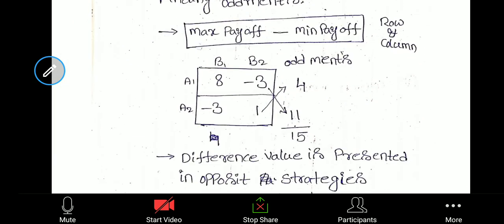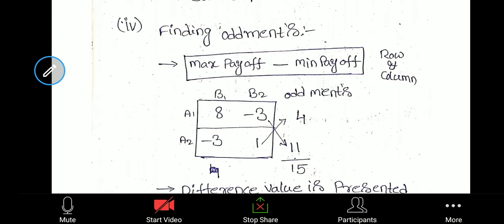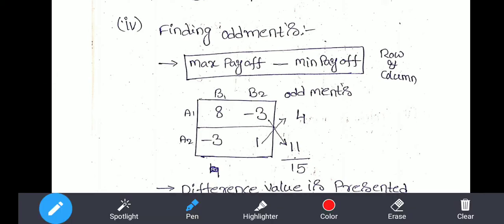Next will be finding the oddments. For finding oddments, we do row-wise as well as column-wise verification. For the row-wise verification, consider the maximum payoff minus the minimum payoff in the matrix.